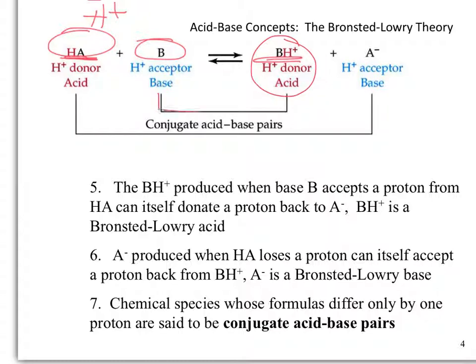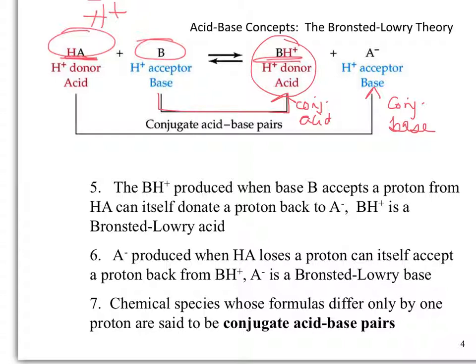What gets obtained from the base is what is called a conjugate acid. What gets formed from the acid is what is called the conjugate base. I will tell you a couple ways to identify what is an acid and what is a base, but realize again that A minus, which is produced when HA has lost that proton already, is the remaining part of that original acid.